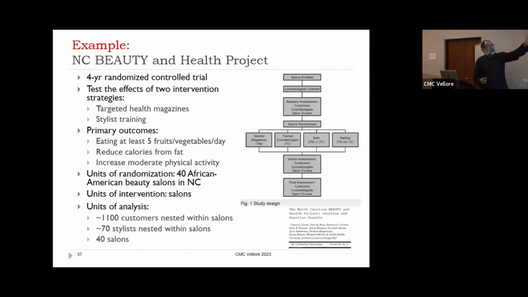And so this study was a 4-year randomized controlled trial. Look at targeted health magazines. They put in their stylist training, and they wanted to have 3 different outcomes: eating at least 5 fruits and vegetables, reduce calories and fat, increase activity. And they had 40 beauty salons that were randomized, and the unit of analysis was the 1,100 clients.